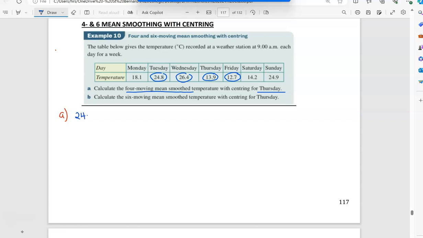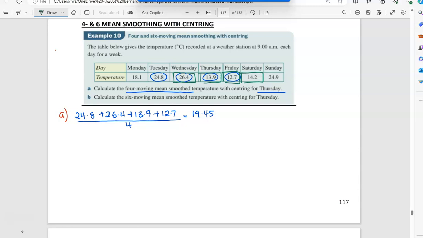So I'd have 24.8 plus 26.4 plus 13.9 plus 12.7. And I want to get the mean of that number. So I'd divide by 4 because there's 4 numbers there. And that would be 19.45. Now, if I want to get the next set of 4, the next set would be where I only go 1 below it and 2 above it.